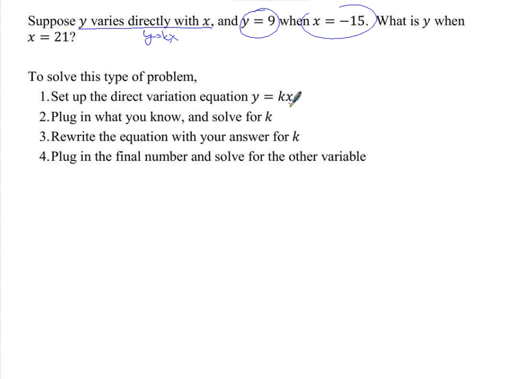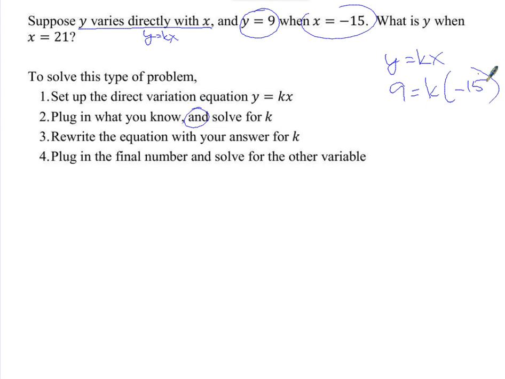To solve this type of problem, set up the direct variation equation y equals kx. So, we're going to write y equals kx. Then step 2, plug in what you know and solve for k. What we know is this stuff here. Y is 9, x is negative 15. So I'm going to write 9 equals k times negative 15. Plug in what you know, and then solve for k.